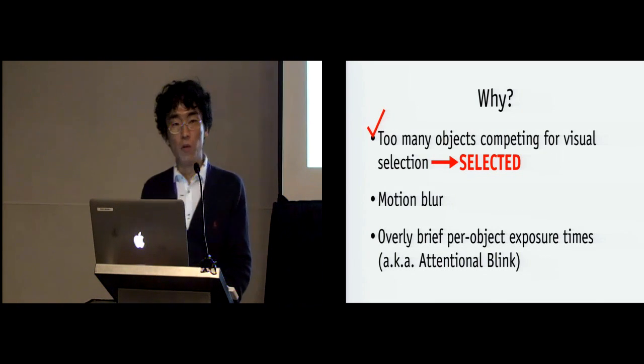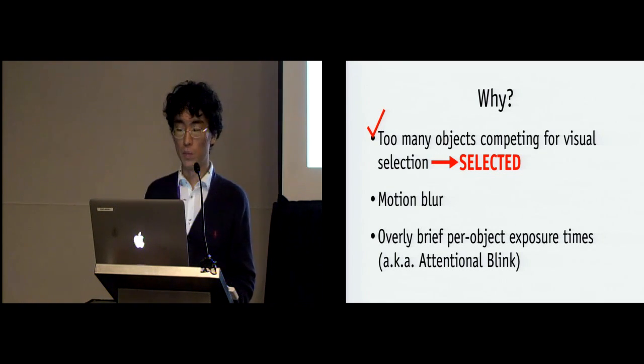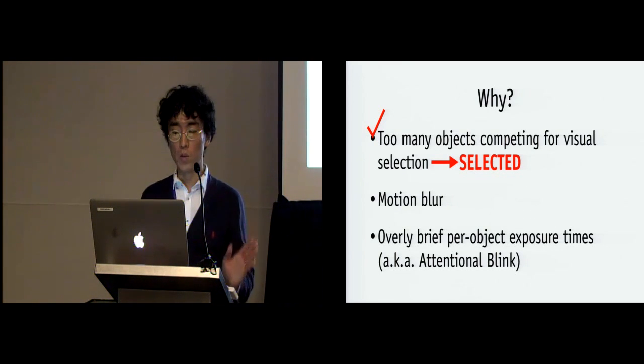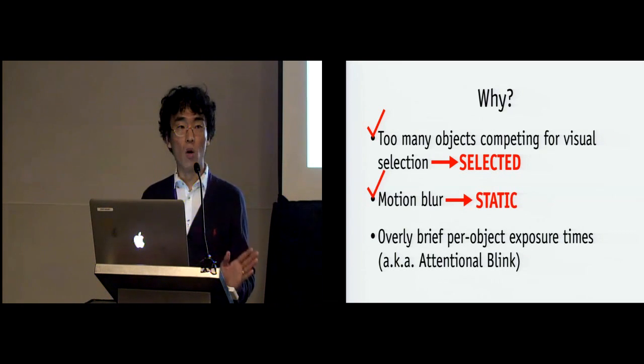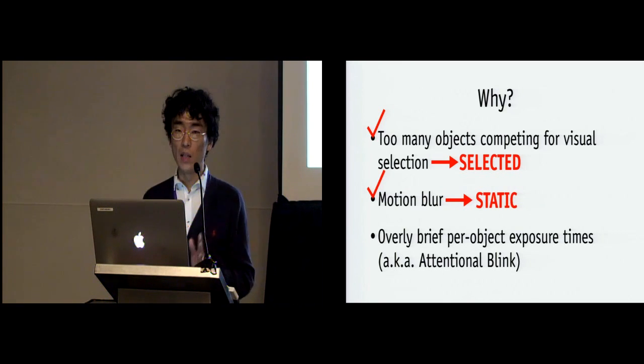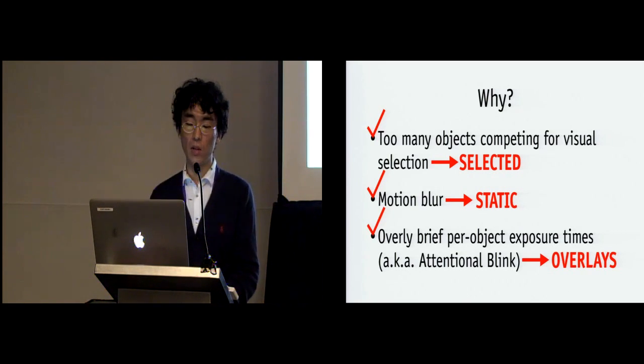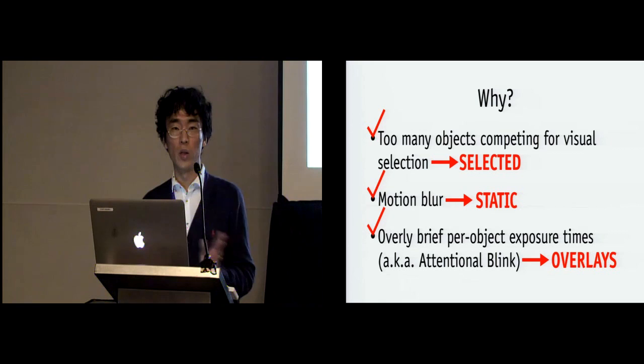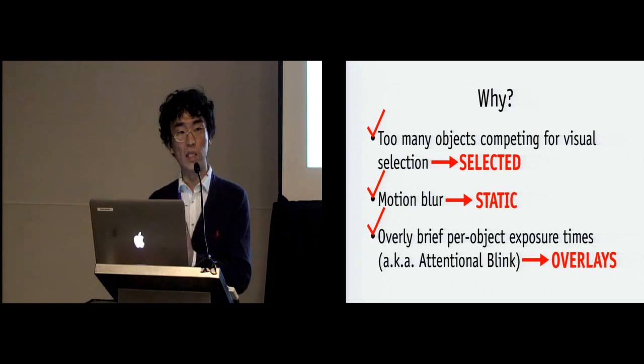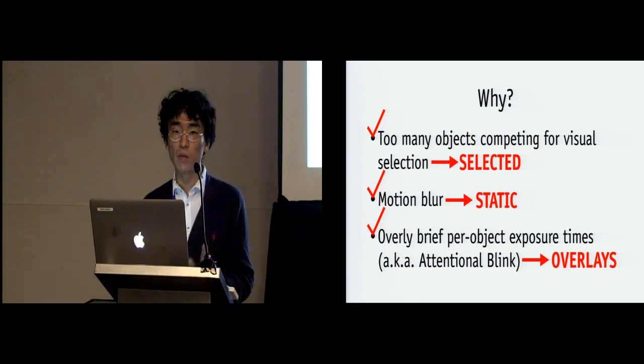So in this study, we want to solve each of these problems by selecting important objects from the previous pages. Those selected objects will remain static to avoid motion blur. And finally, the exposure time of each object will be prolonged or extended, so we can provide enough time for the user to get the gist of important objects.